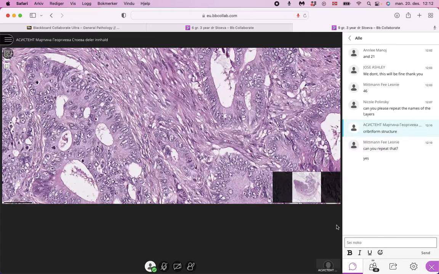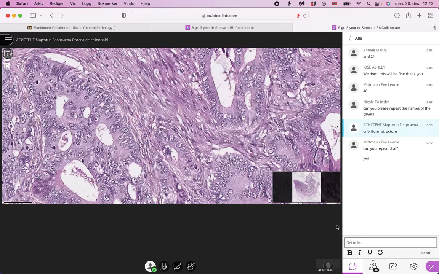Usually in G1 or well differentiated tumors, the tumor glands are predominantly separated by stroma and they infiltrate as single glands. But here, these diffuse areas of fusion with formation of cribriform structures is characteristic for G2 or moderately differentiated tumors.